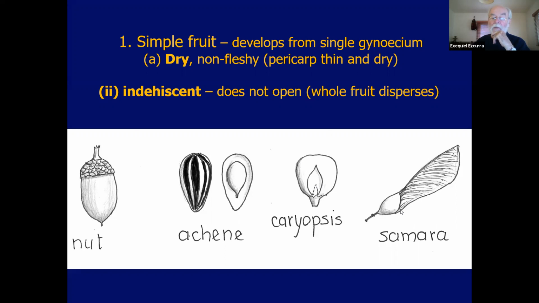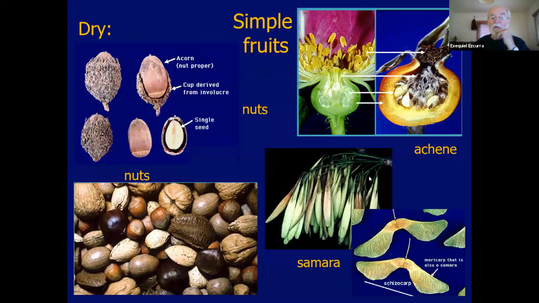So caryopsis is a special case of nuts with a very, very tightly attached pericarp. And finally, the samaras, which can be in many different families. Samaras are basically a nut, normally a single ovule structure with only one seed inside, where part of the external part of the ovary develops into a large papery wing that allows the samara to fly. So here you have an illustration of nuts, in this case an oak acorn.